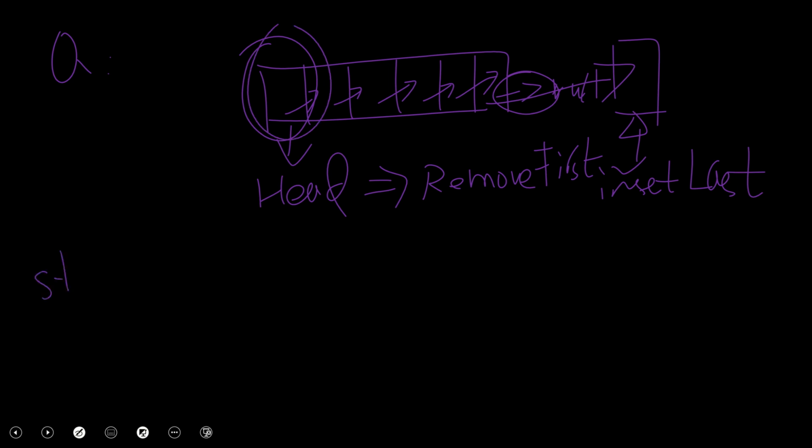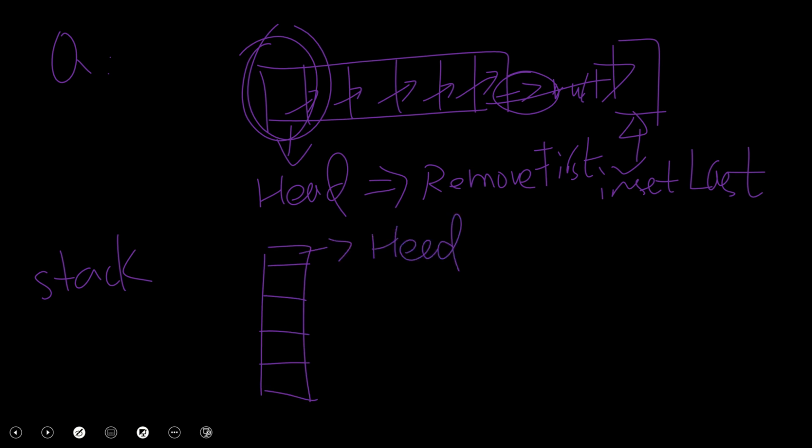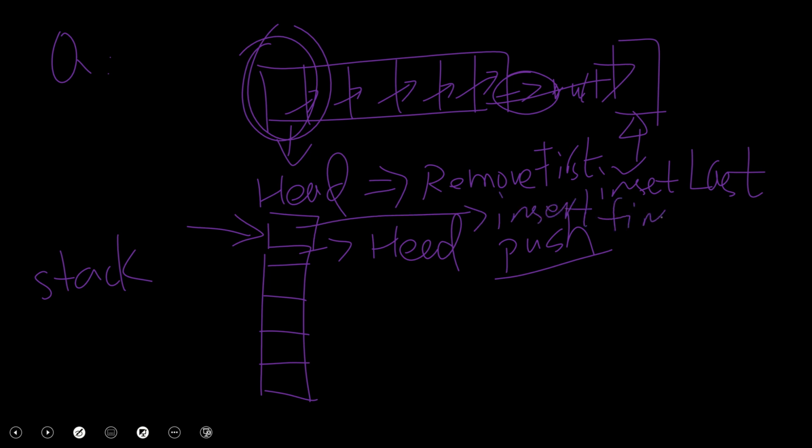For the stack, we can look at the linked list in this way: the top one is the head. If we want to push a new one, the push is always on top, so we consider it insert first.